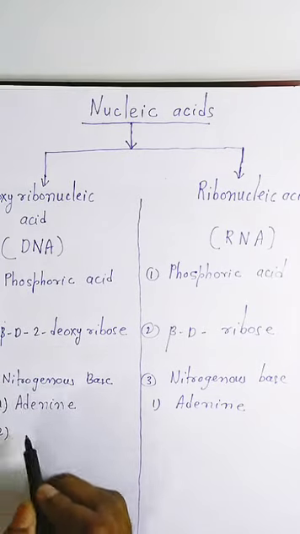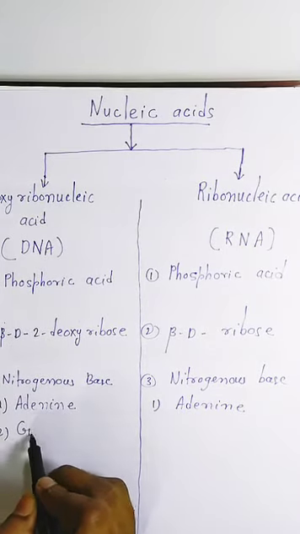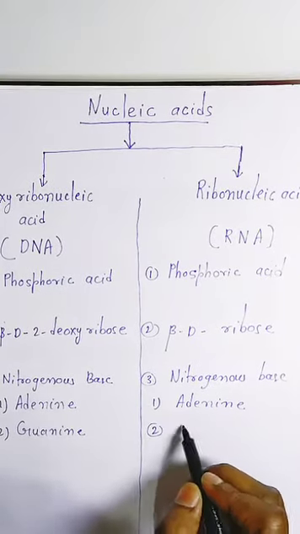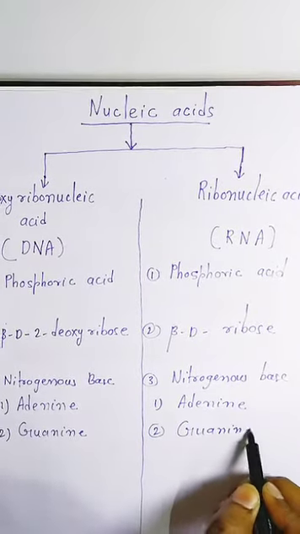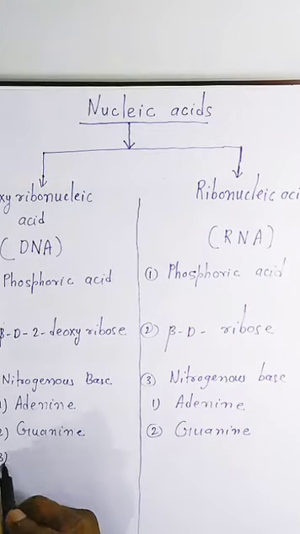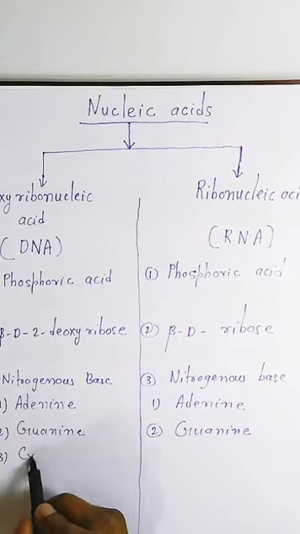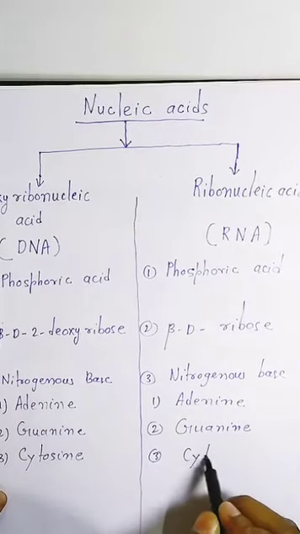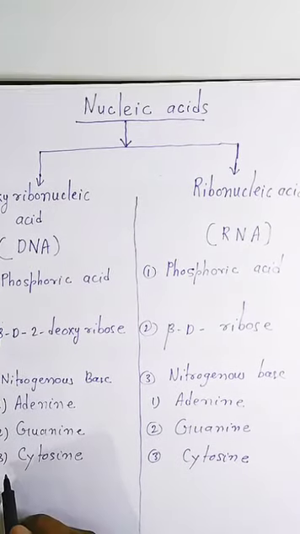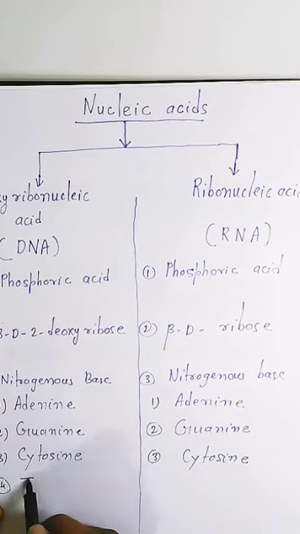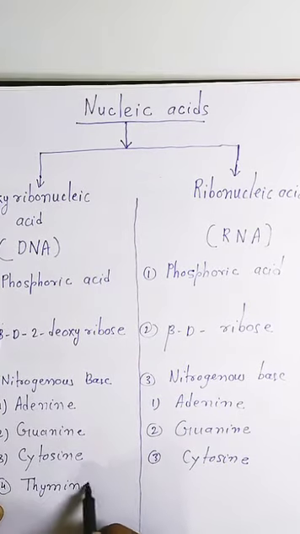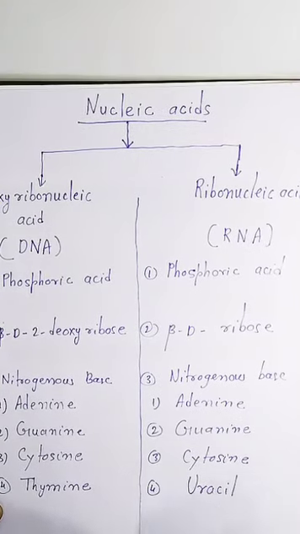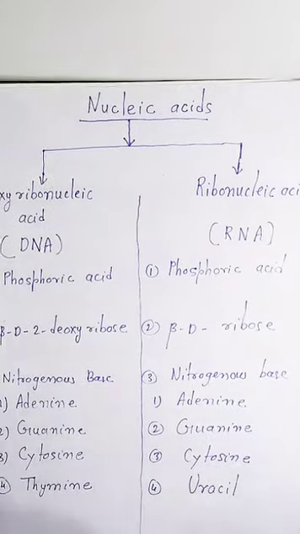In DNA you will have guanine, and in RNA also you will find guanine. It has cytosine, and RNA also has cytosine. But here, students, fourth, in DNA you will have thymine, but in RNA, students, you will have uracil. So this is the difference between DNA and RNA in their composition.